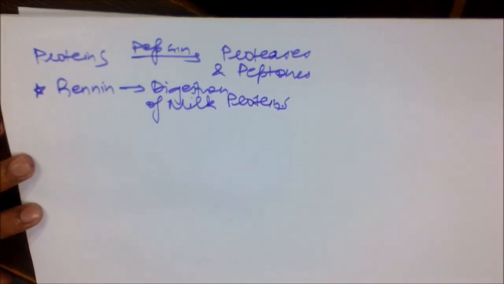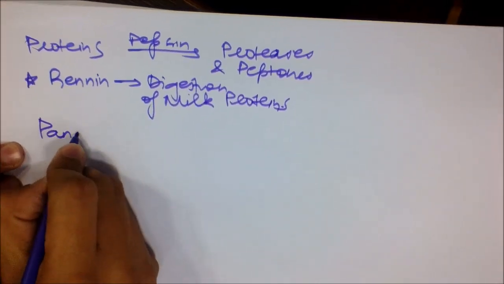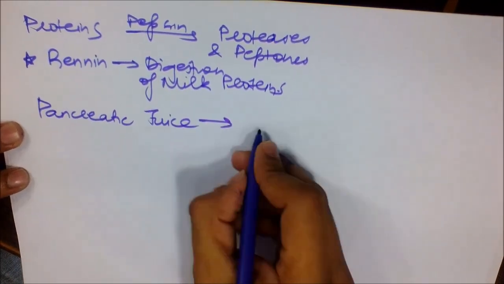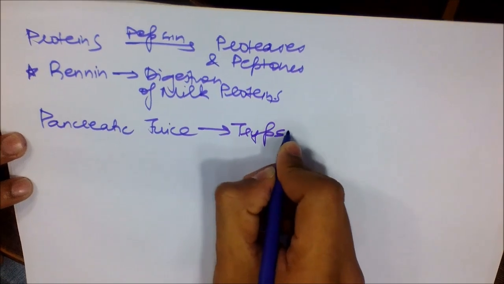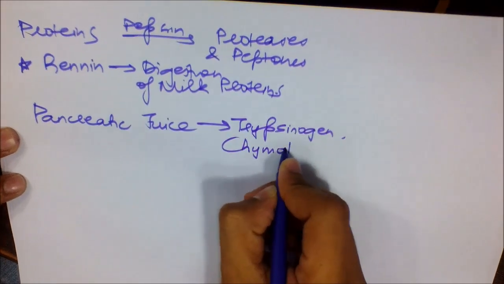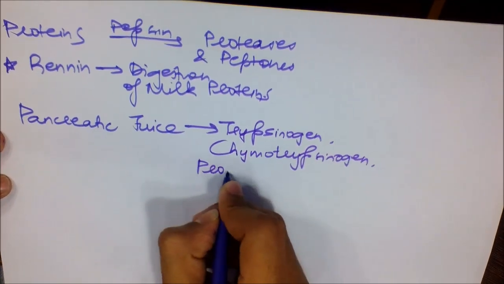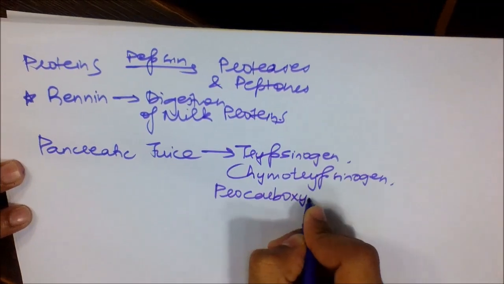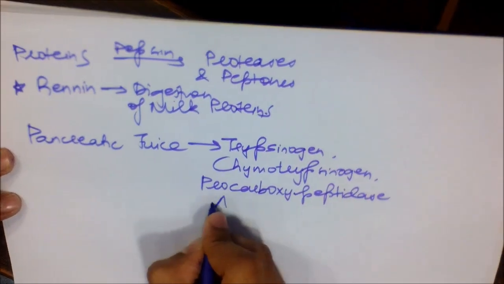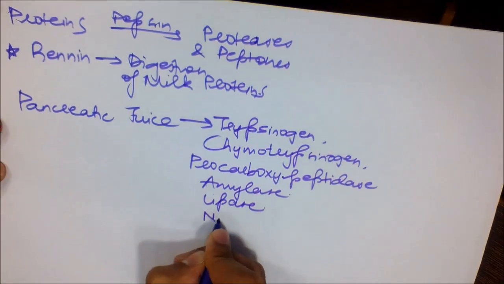Now we'll talk about the pancreatic juice. The pancreatic juice contains several inactive enzymes such as trypsinogen, chymotrypsinogen, procarboxypeptidase, amylase, lipase, and nucleases.